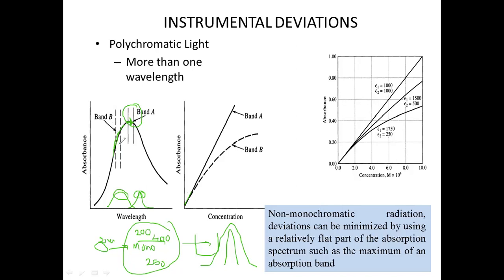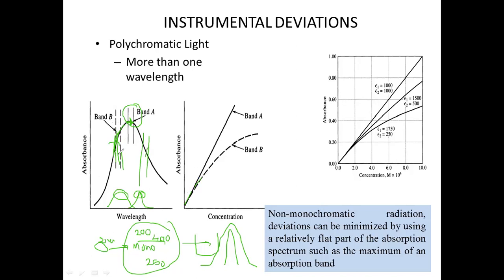But if you choose a wavelength from band B, from the sloping part, say this part or this rising part, if you select any one wavelength here for measurement, you are certainly going to have a deviation from the Beer-Lambert law.